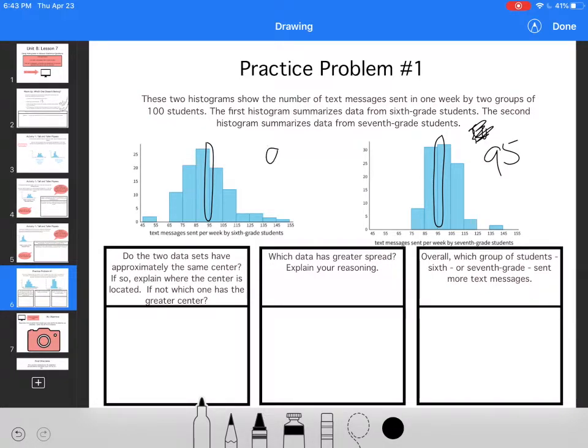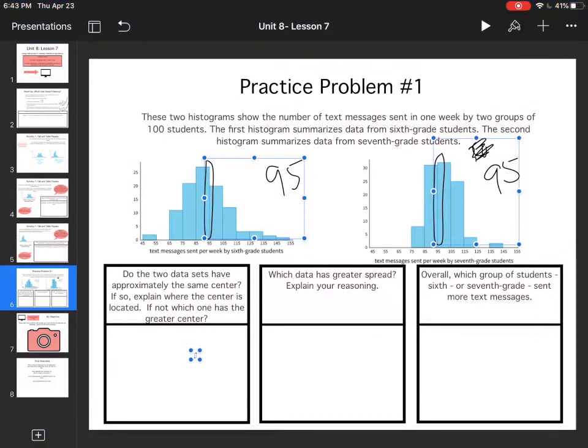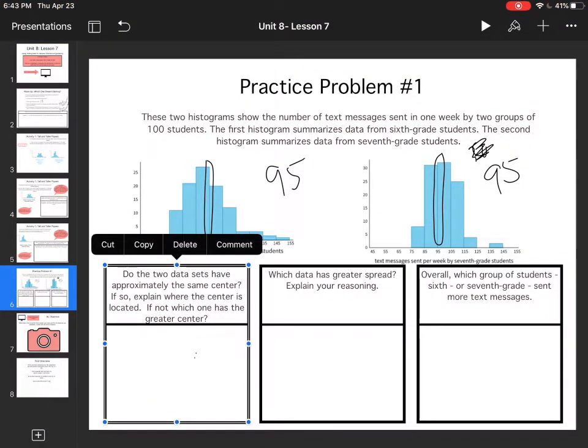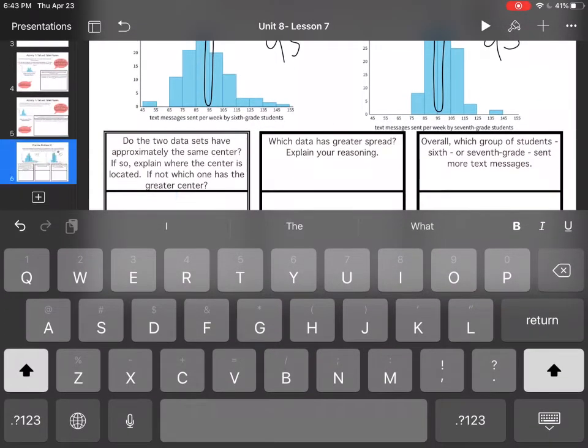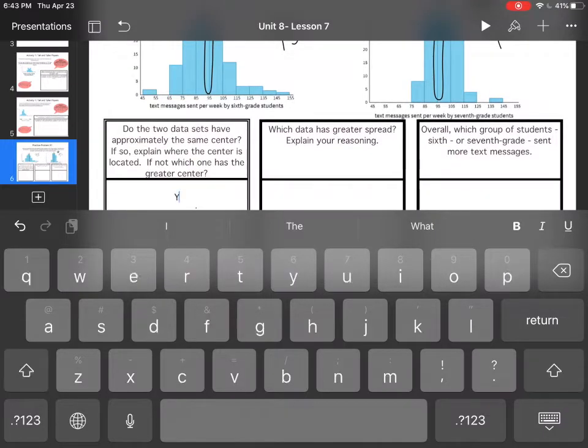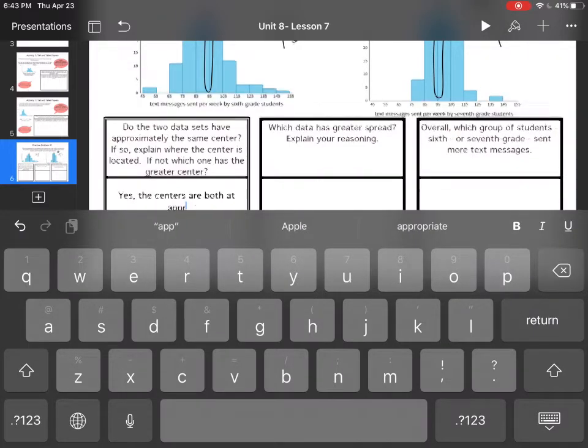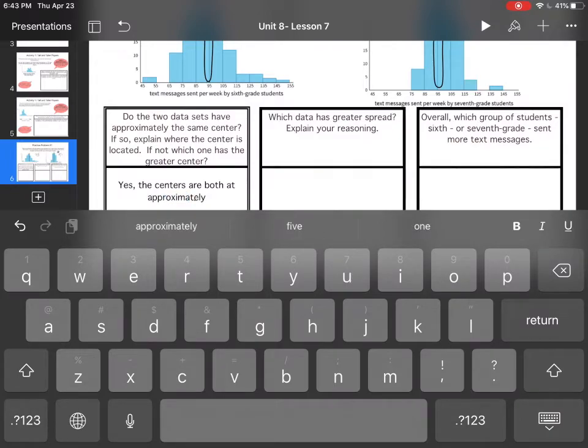And if I look at this one, it's about 95. So are the centers the same? I would say yes. Yes, the centers are both at approximately 95 text messages.